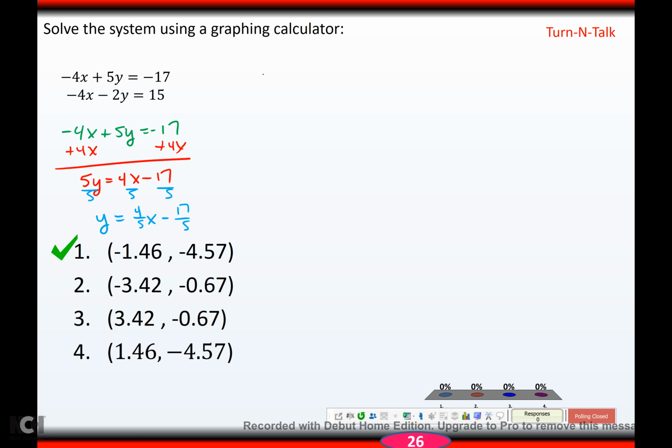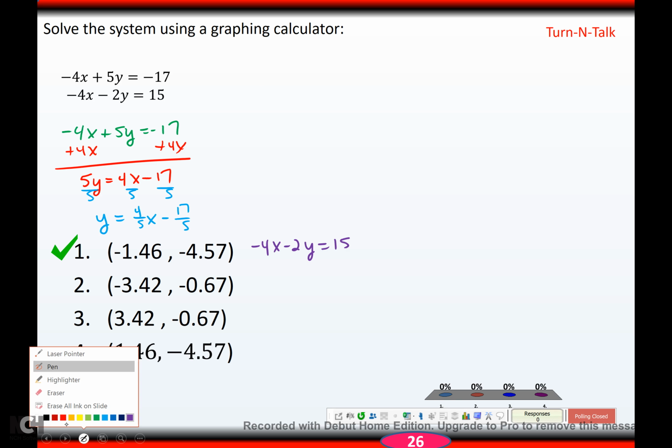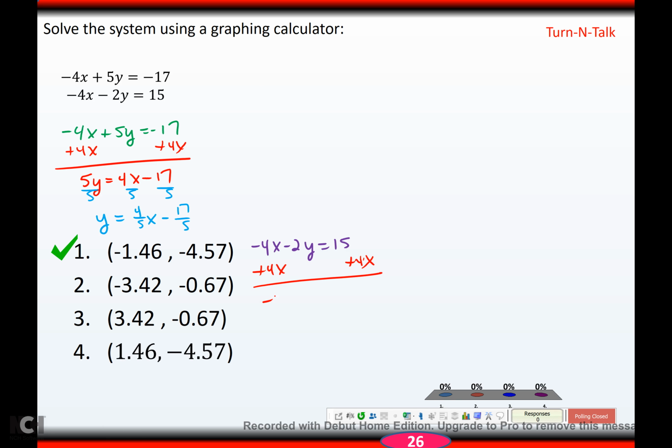My second equation, negative 4x minus 2y equals 15. To get y alone, I'm going to add 4x. Negative 2y equals 4x plus 15. Divide by negative 2.